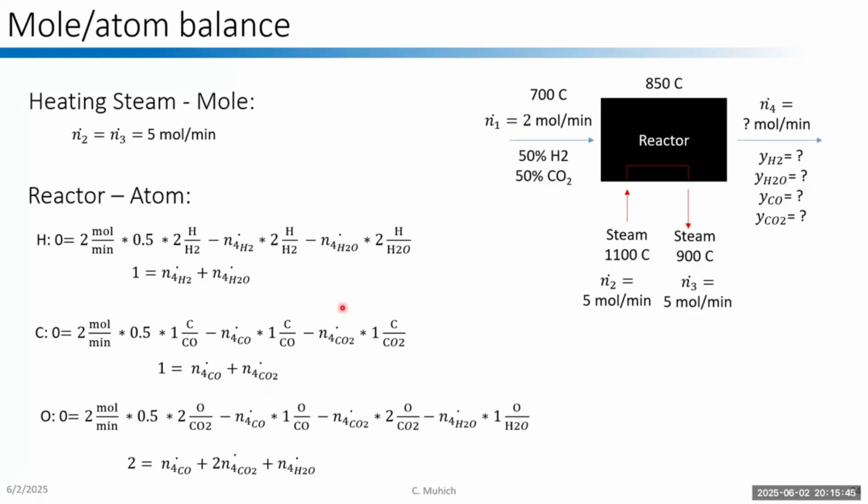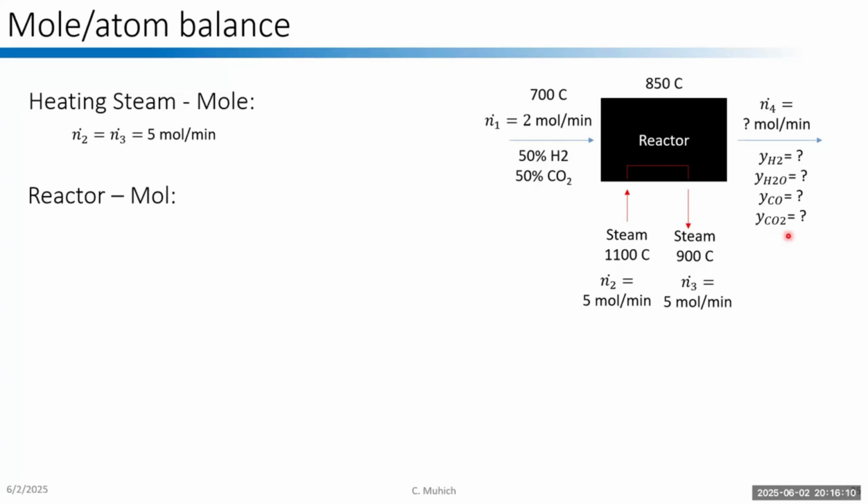So I have 3 equations, and I have 4 unknowns. I don't know how much hydrogen, water, CO or CO2 is in stream 4. I don't have enough information, so I can't solve my atom balance.